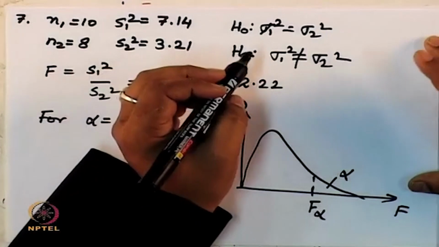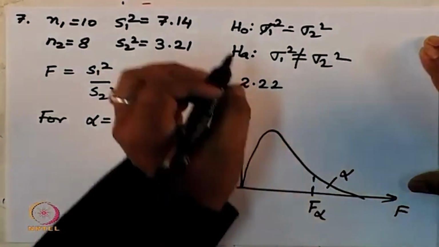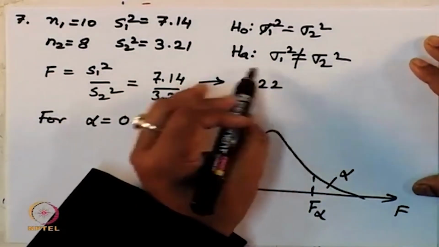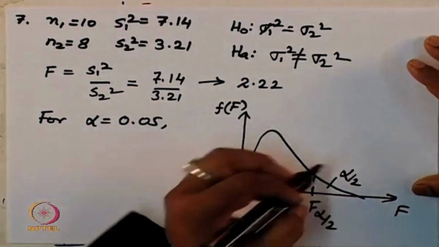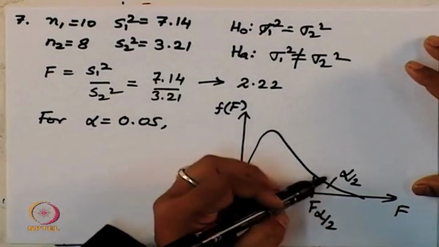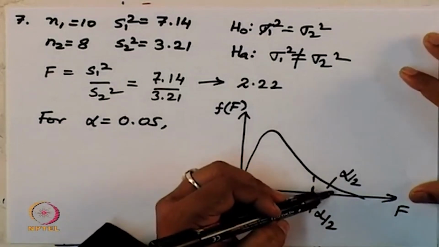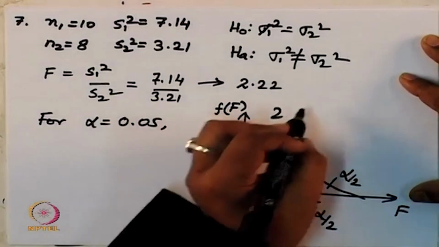So, if my alternate hypothesis is sigma 1 square not equal to sigma 2 square, I want to find out the value of f of alpha by 2 corresponding to alpha by 2. So, this is for two tail test.